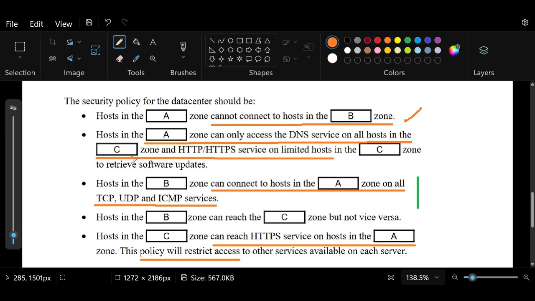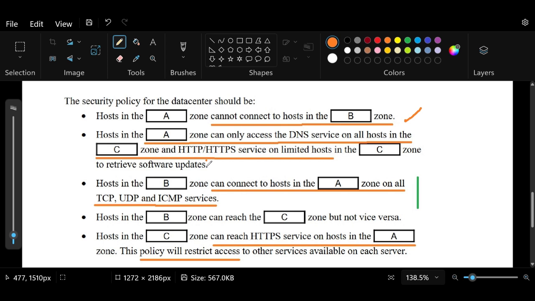Public, we can think of it as the internet, and unlimited hosts in the public zone to retrieve software updates. If we turn it around and go with hosts in the public zone can only access the DNS service on all hosts in the DMZ zone, and HTTP service unlimited hosts in the DMZ zone to retrieve software updates.